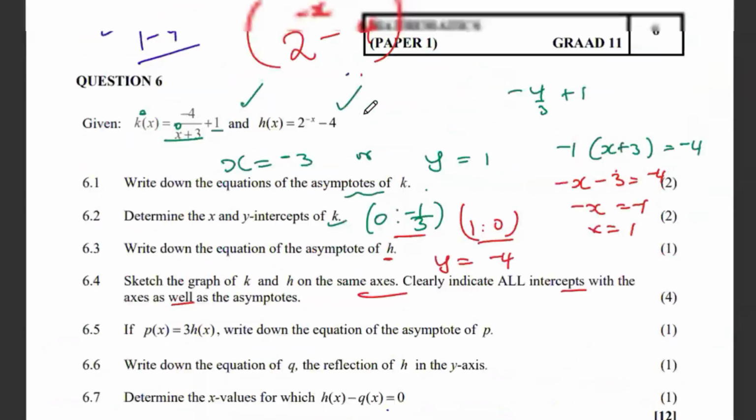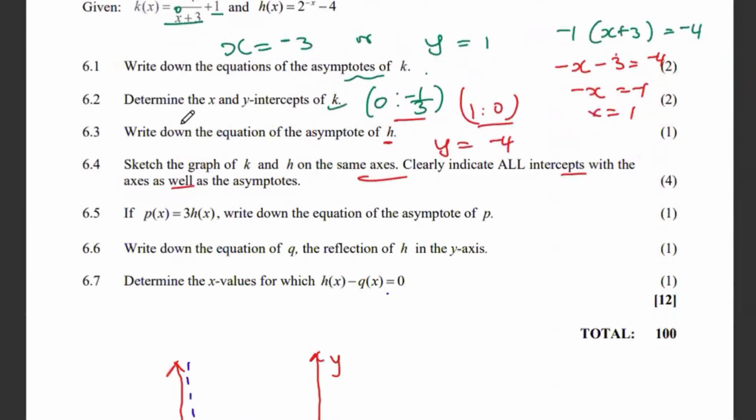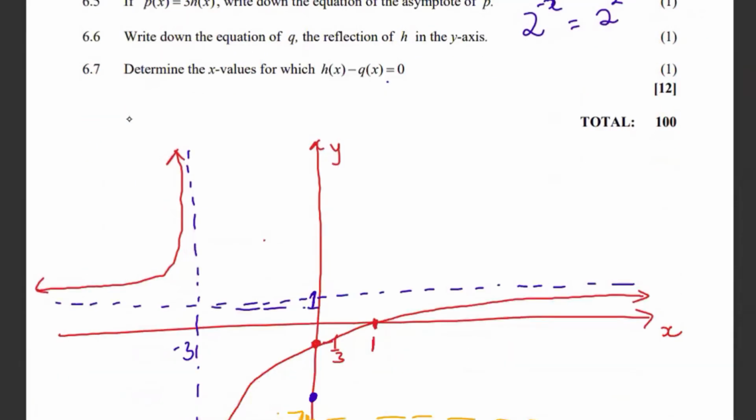And then if I'm to solve this, 2 to the negative x is equal to 2 squared, meaning that x is negative 2. Negative 2 is somewhere here.